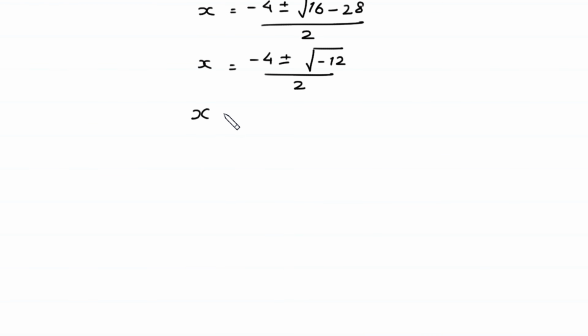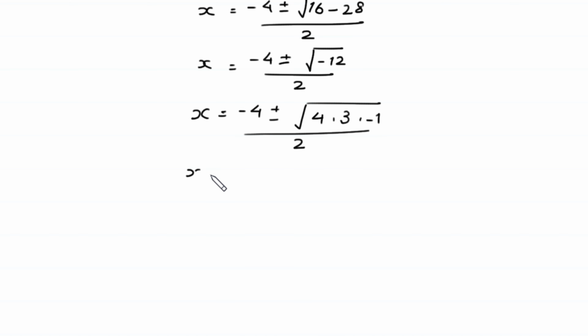Next, x is equal to negative 4 plus or minus square root of, we can write this negative 12 as 4 times 3 times negative 1, divided by 2, and x is equal to negative 4 plus or minus square root of 4 is 2 times square root of 3 times square root of negative 1 is i, divided by 2.